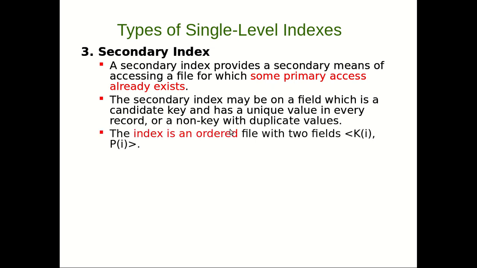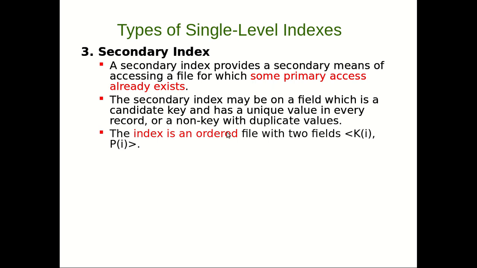The index is ordered. Here also, the secondary index file that we create will be an ordered file with two fields, Ki and Pi. K is the key and Pi is the pointer to the corresponding record, not the block pointer, you can say it's a record pointer.